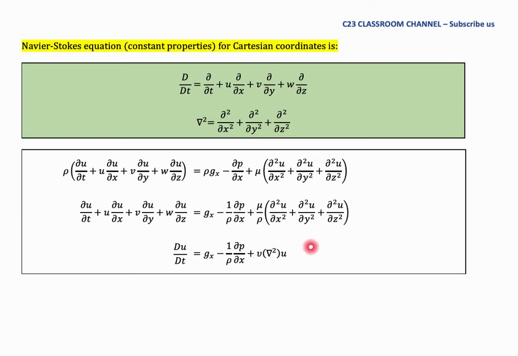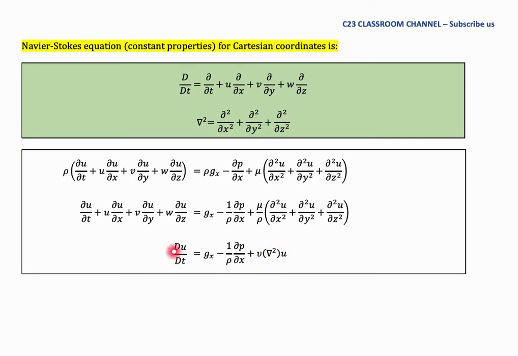The obvious one is that mu over rho can be simplified into nu, the kinematic viscosity. Rho is the density and mu is the dynamic viscosity, and mu over rho will give you nu. And for the last term, I would like to introduce the usage of capital D over capital Dt and the meaning of nabla.